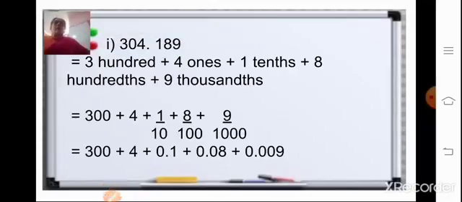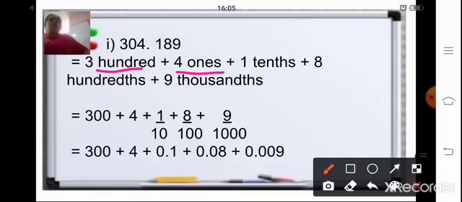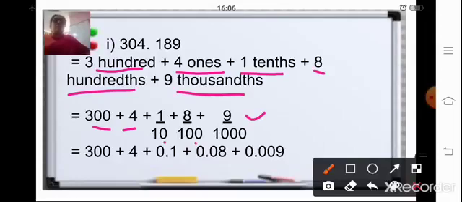Now coming to the next sum. I1, 304.189. So 3 is in hundreds place, so 300. 0 tens and 4 ones. 4 is in ones place, so 4 ones. 1 is in 10th place, so 1 upon 10. 8 is in 100th place, so 8 upon 100. And 9 is in 1000th place, so 9 upon 1000.